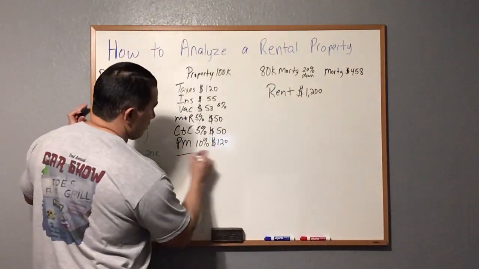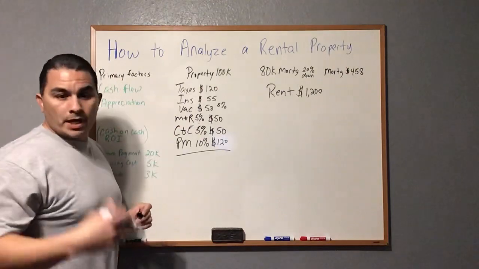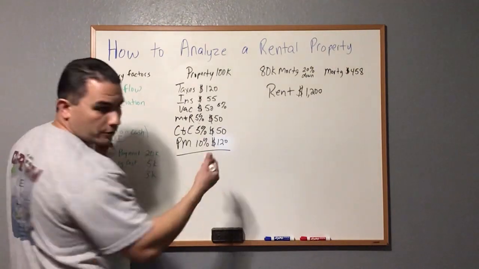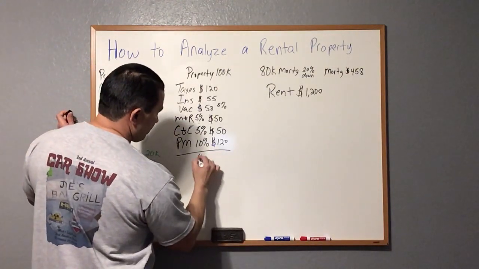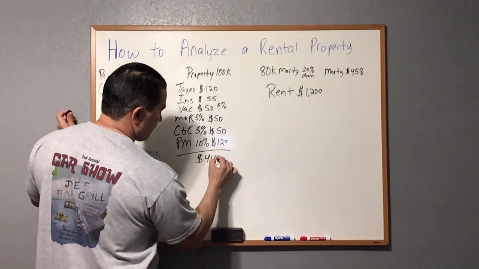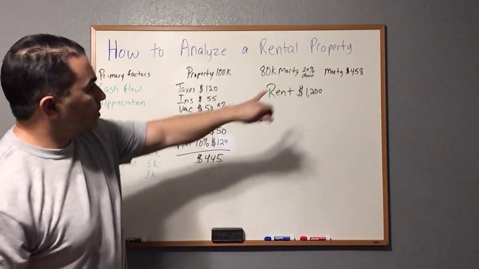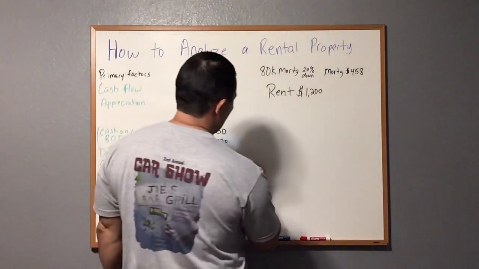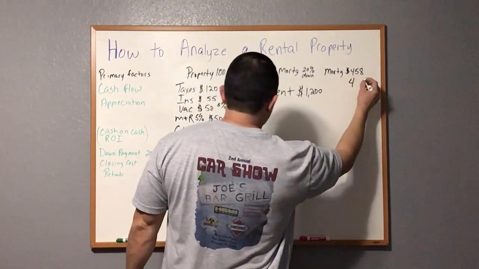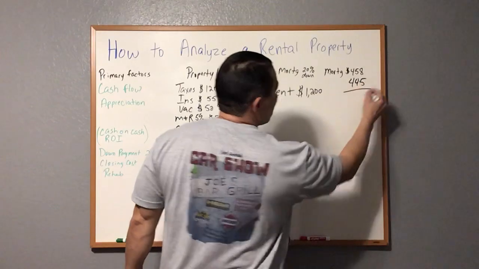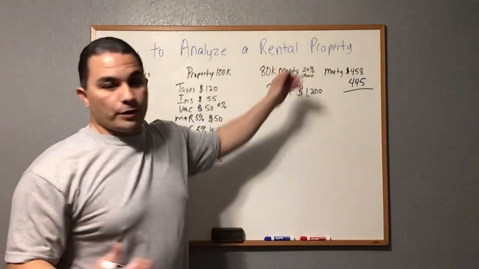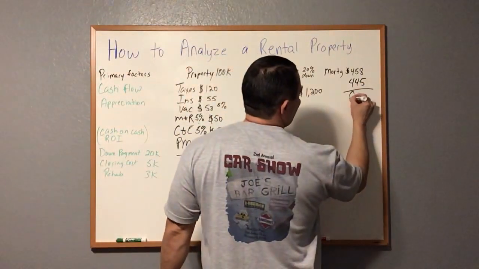So you're going to add all your expenses, and this is going to come up to $445. This is all your expenses. So you're going to bring your expenses to your mortgage. You're going to add these two figures up, and this is going to be $903.